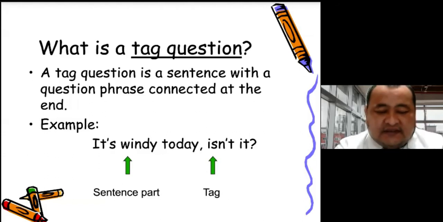It means the speaker is not really sure or doesn't have the information, so wants to know if it's windy today or not. Is it windy today? But with a tag question, the speaker says, it's windy today, isn't it? It's windy today, right?